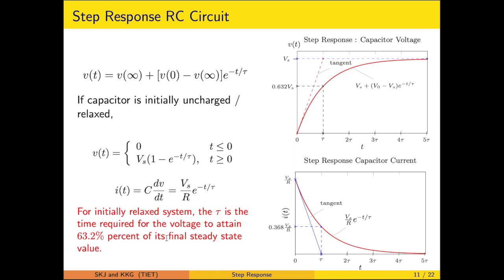This is a distinction: here we define it in terms of the final value, whereas in the case of the free response it was defined in terms of the initial value. If you wish to write it with respect to the current, it can be defined along analogous lines, because the current in this case is exponentially decreasing.